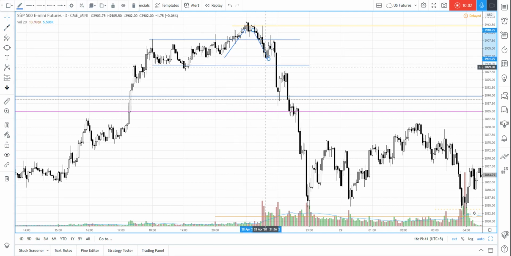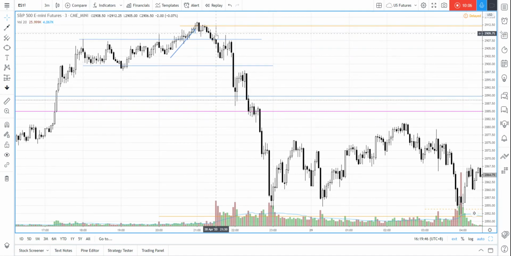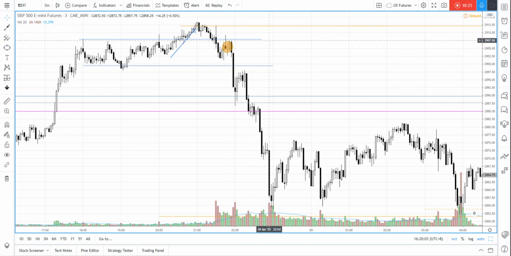So at the opening here, this is not my entry. My entry point is actually after this upthrust followed by a weak pullback. Just after this rejection bar, I initiate my short entry here. So this is quite a nice trade.